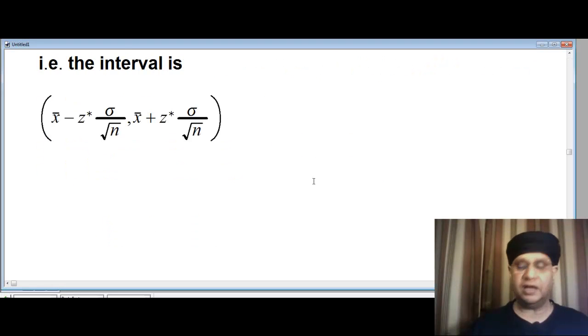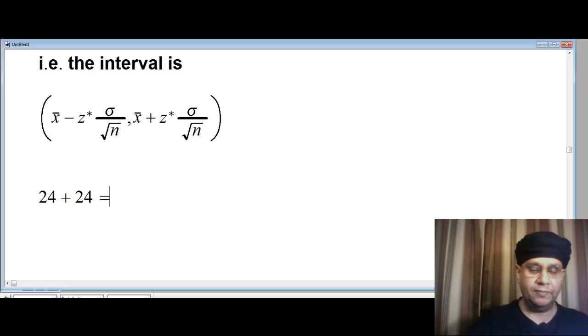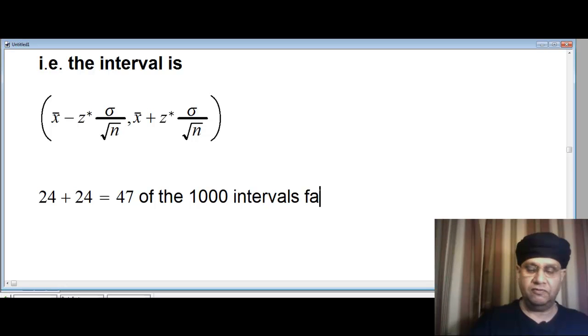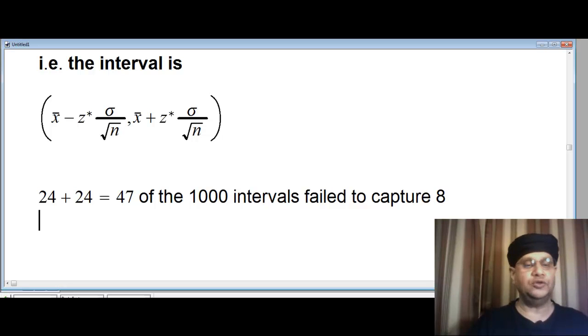So what we saw in our simulation is that 24 plus 23, that is 47 of the 1000 intervals failed to capture the true value 8.